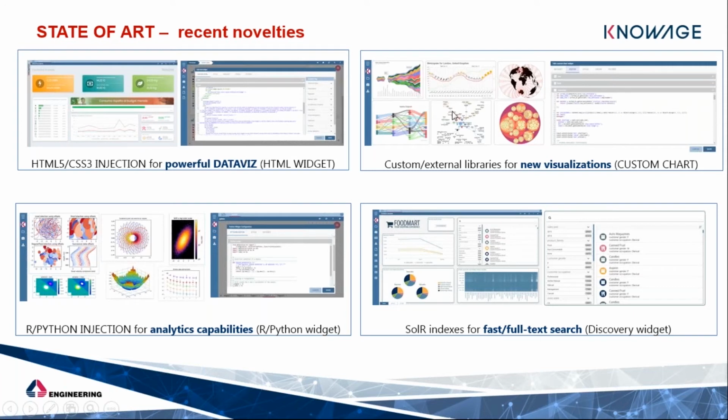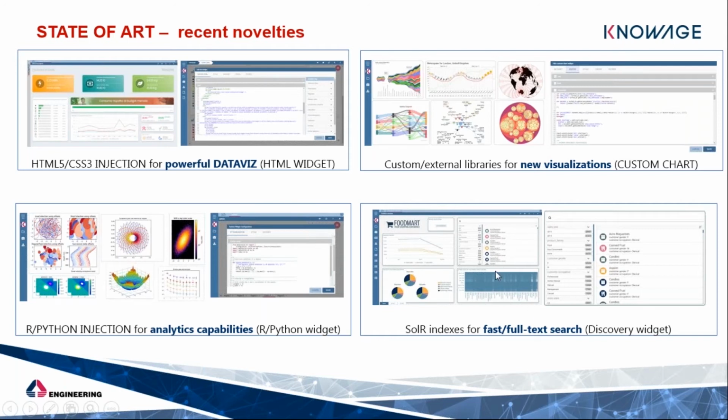You can also use your favorite charting library, or you can ask your developer to build a custom chart that could be plugged into a widget. And you can even plug in your R or Python script, for a powerful data visualization, or also for analytical tasks like forecasting and more.